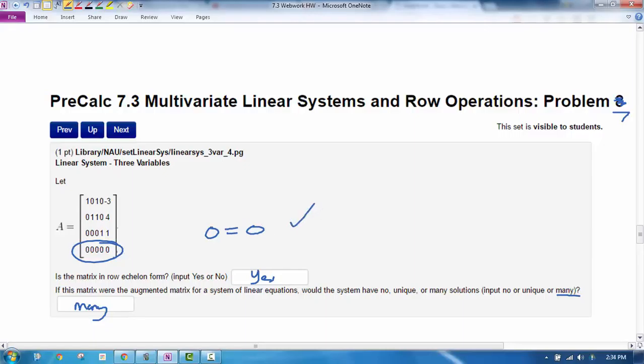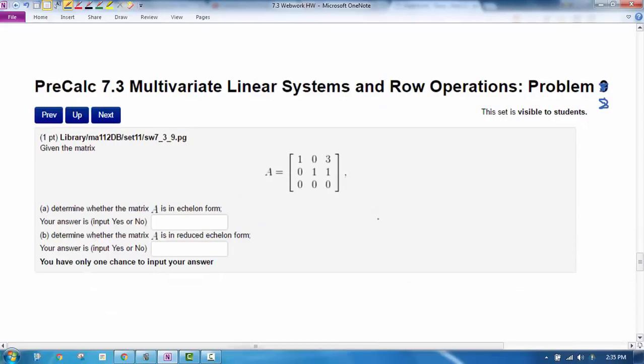Therefore, that means, for me, an infinite number of solutions. Now, if you have like 0 equals 1, that means no solutions in this last one. And then obviously, if you have all ones on the diagonal, which would be impossible for this one. So this one, I think it's going to be either one of these two, either many or no solutions.